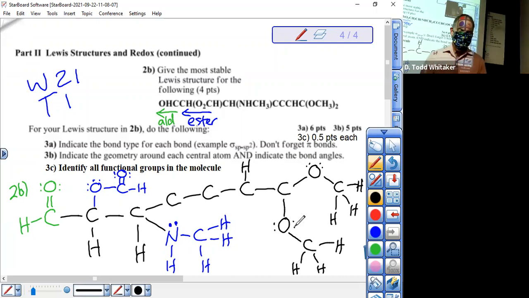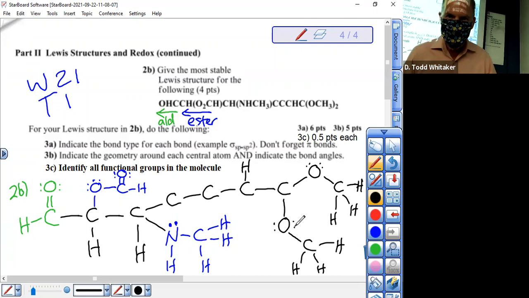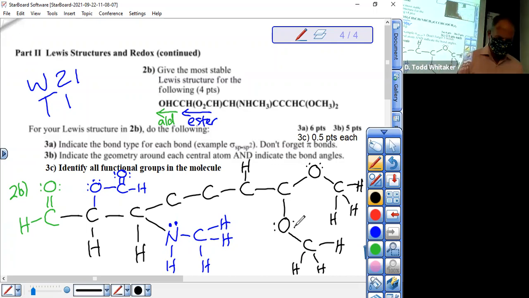And now it's time to fill carbon octets with pi bonds. Never fill carbon octets with lone pairs. It's not how carbon behaves. So pi bonds. Don't put a pi bond here. I'm going to erase this in like 2 seconds. What's wrong with that pi bond?